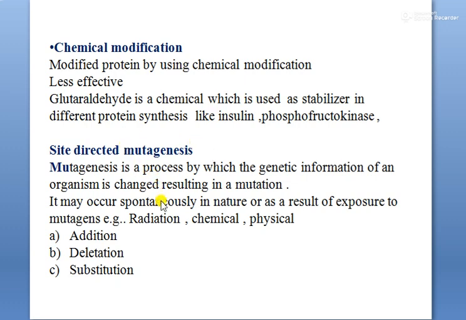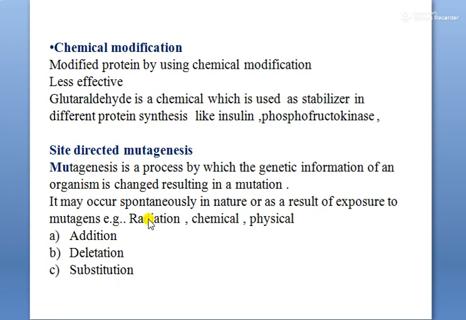So what is meant by mutation? In the definition, mutagenesis is a process by which the genetic information of an organism is changed, resulting in a mutation. It may occur spontaneously in nature or as a result of exposure to mutagens.